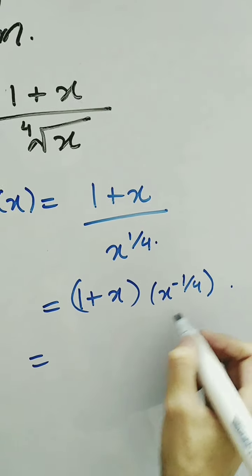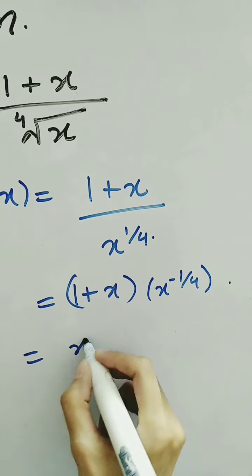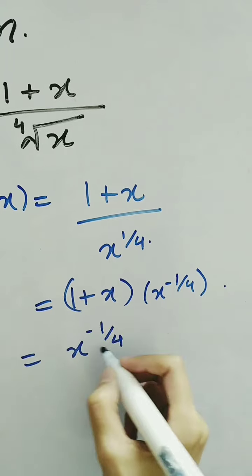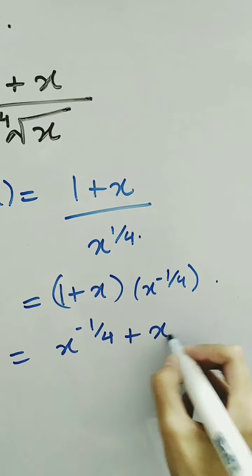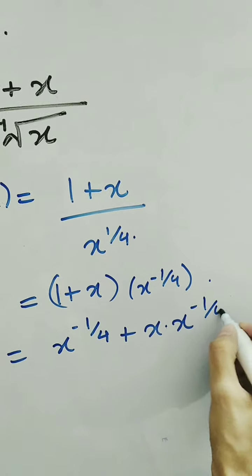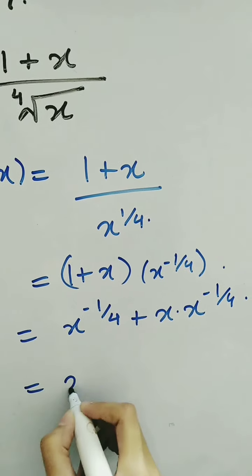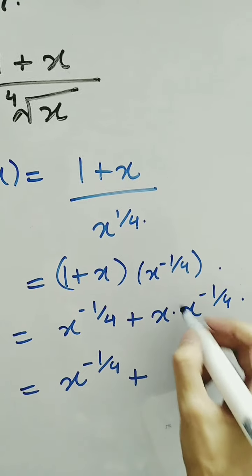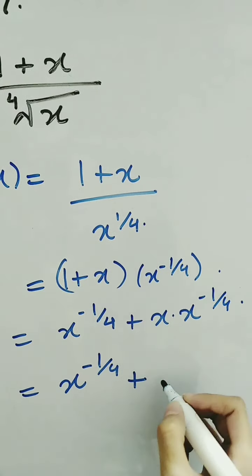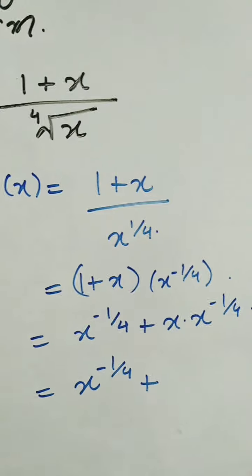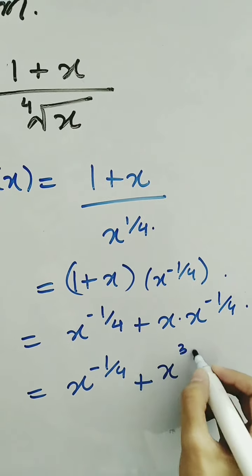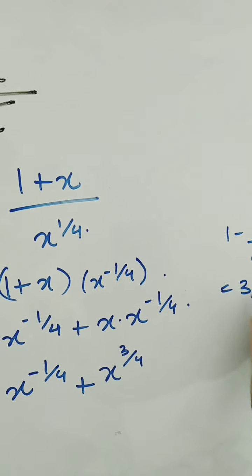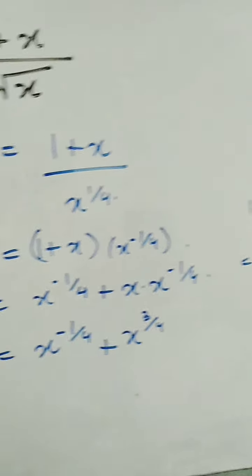Now this x raised to the power minus 1 over 4 multiplies with this 1 plus x, and we will have x raised to the power minus 1 over 4 plus x into x raised to the power minus 1 over 4. Now we have x raised to the power minus 1 over 4 plus, as base is same, so we will have 1 minus 1 over 4, which becomes 3 over 4, as 1 minus 1 over 4 is equivalent to 3 over 4.